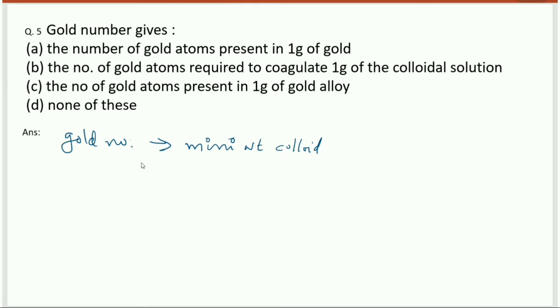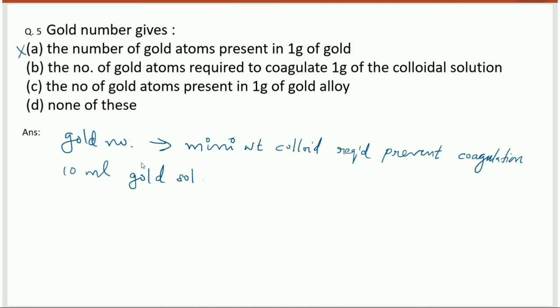So it is the minimum weight of a protective colloid required to prevent the coagulation of 10 ml gold sol. Here the options: the number of gold atoms present in 1 gram of gold, that's not right.